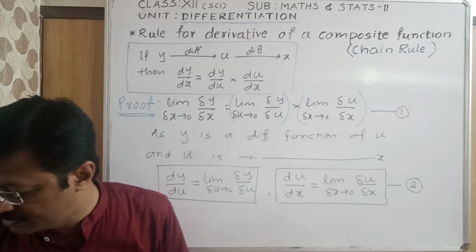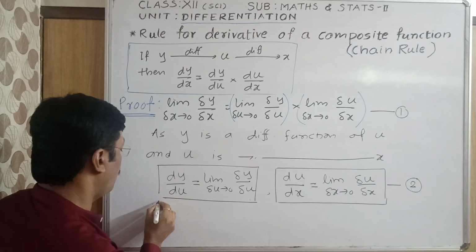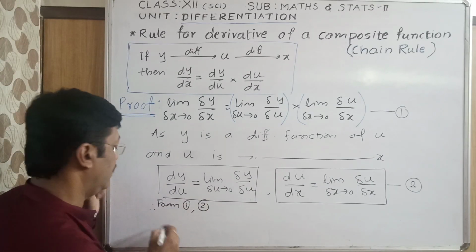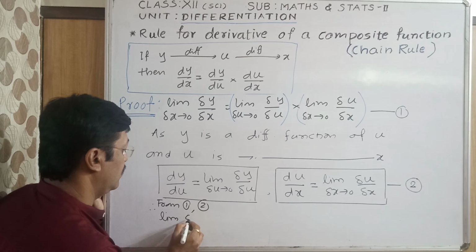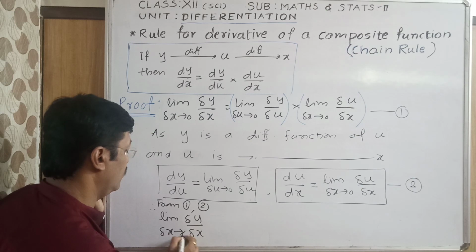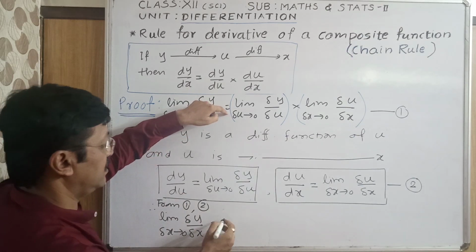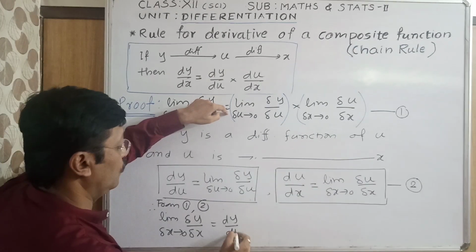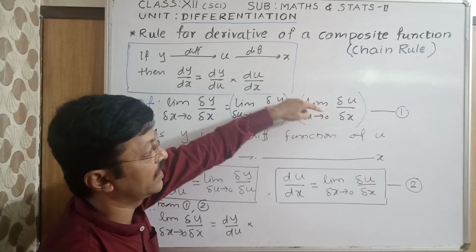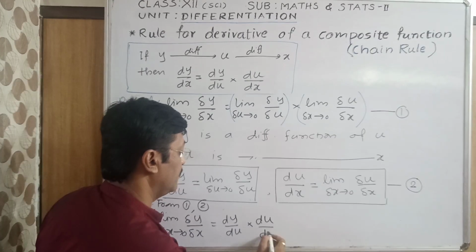So therefore, from 1 and 2, I can write limit delta y by delta x as delta x tends to 0 equal to dy by du multiplied by this limit delta u by delta x as delta x tends to 0, which is du by dx.